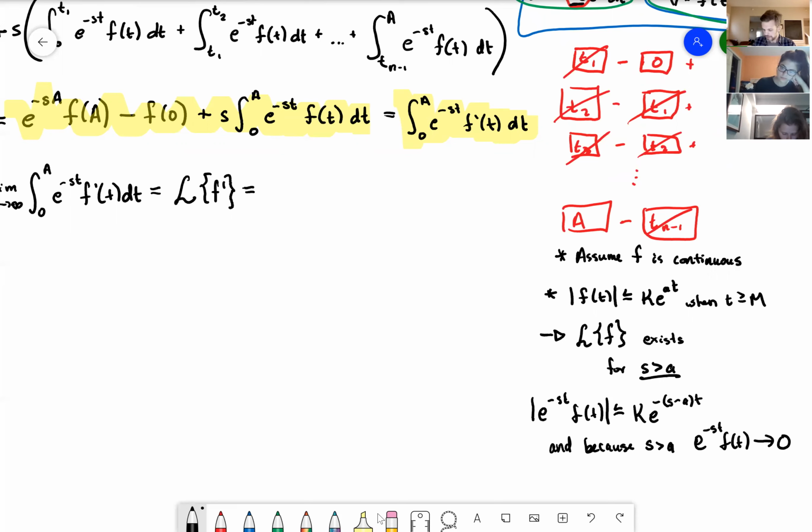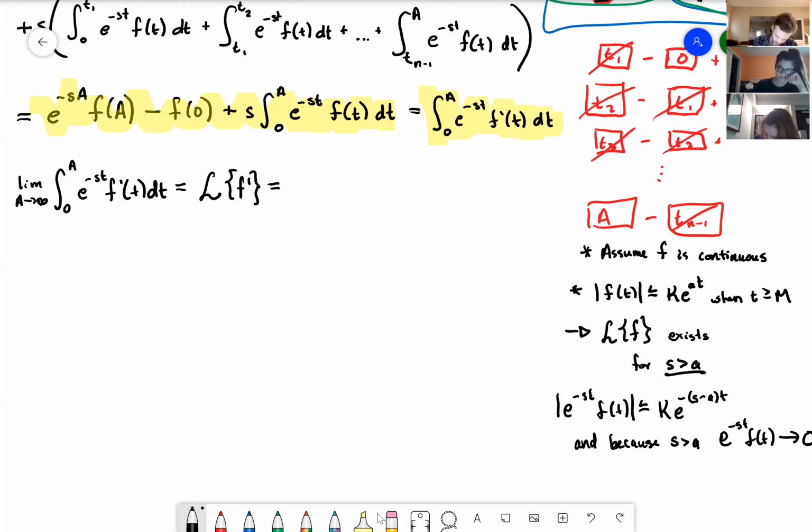Since s is greater than a, this e to the minus s minus a is going to be e with a negative growth rate, so it's going to have a decay rate. It's going to decay exponentially. So it's going to go towards 0 as its independent variable goes to infinity. And so this part right here goes to 0 as a goes to infinity. So that's 0.